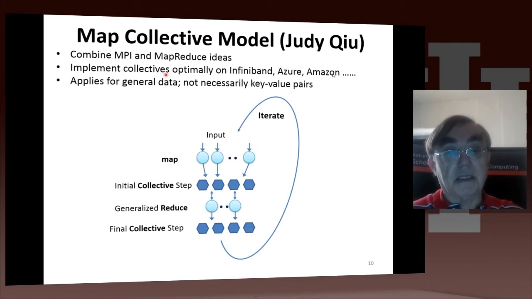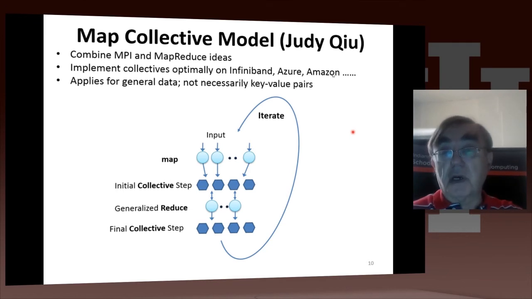And anyway, she has a major research effort looking at how to do these collective operations of different types on different interconnections. High-performance computing clusters are often done with a technology called InfiniBand.